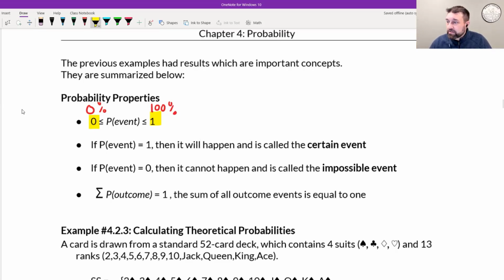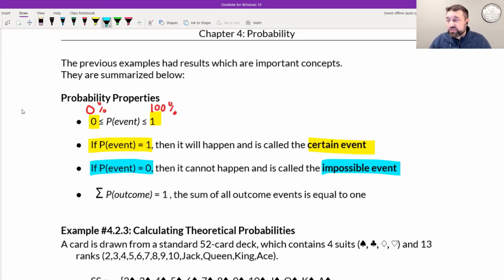If your event has a probability of 1, it is guaranteed to happen, and it's called a certain event, guaranteed to happen. If your probability has a value of 0, it's an impossible event. It will never happen. These values rarely occur. We rarely have something that is a certain event or an impossible event.